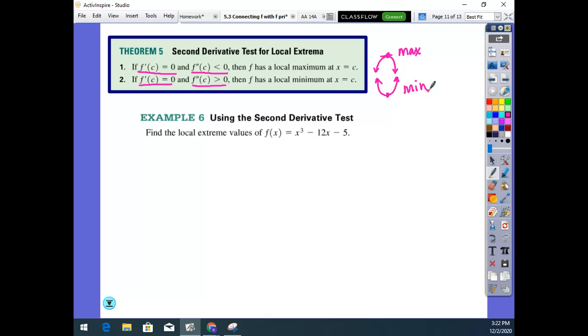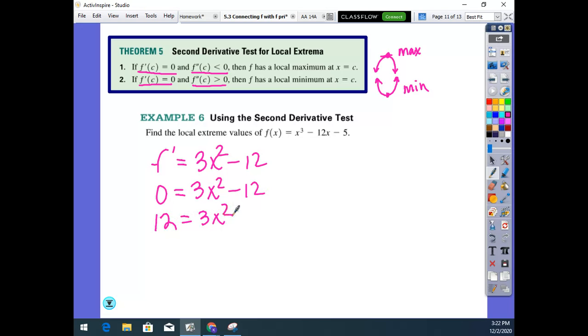Okay, so let's see how we can do that. First, we take the derivative. We did this one earlier, I believe. Set it equal to 0. Solve for x squared. And square root to solve for x.